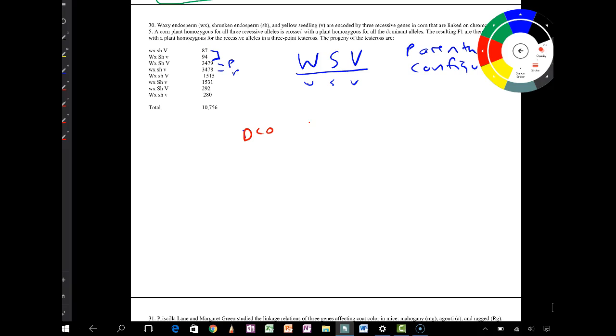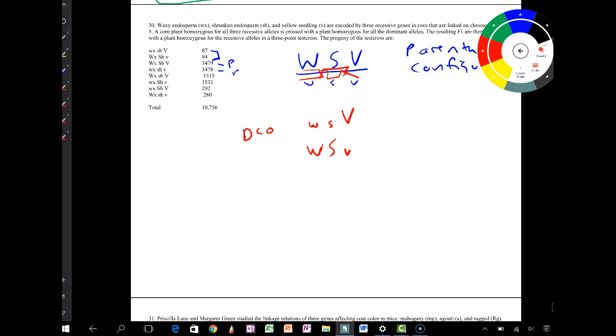So little w, little s, big V. And big W, big S, and little v. Now does that look like what we should get? If we got a double crossover, we'd get little w, big S, little v, and we'd get big W, little s, big V. So that's not quite what we get.